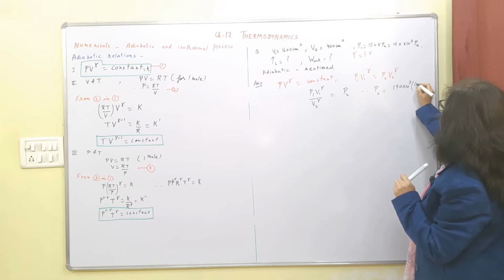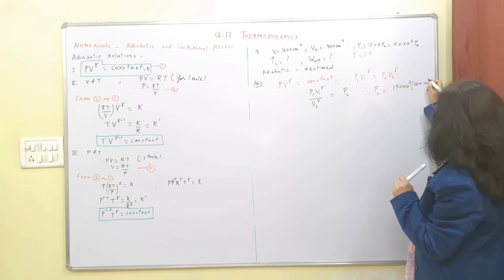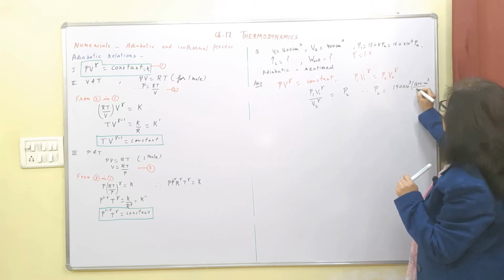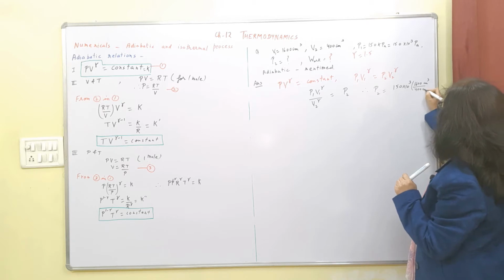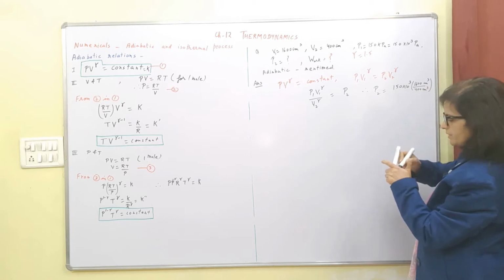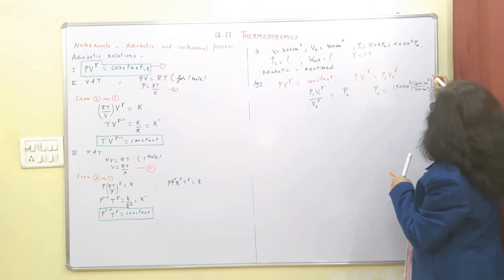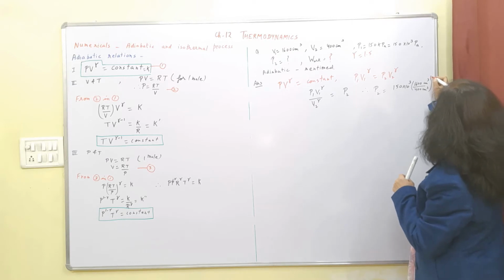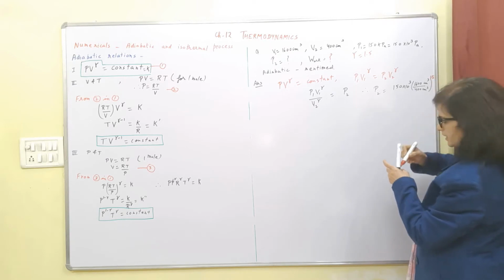So V1 is 1600 centimeter cube upon 400 centimeter cube. I am writing this gamma here as common power.